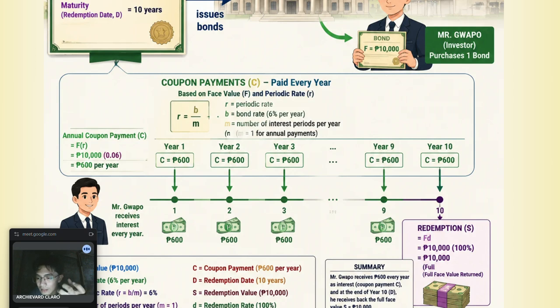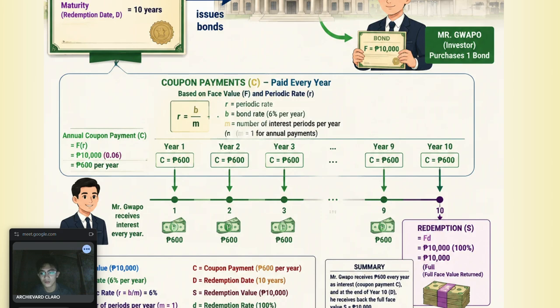Yung amount ng binili niya ay mababalik sa kanya. Meaning, pagkatapos ng year 10, ibabalik ni ABC government yung 10,000 niya. So, bale, yung 600 every year of coupon payments plus the 10,000. That's how the bonds work.